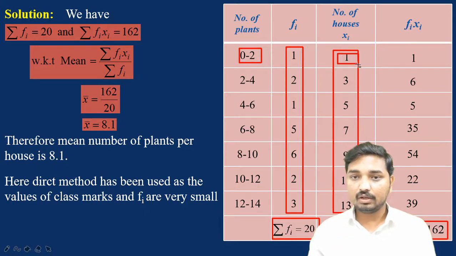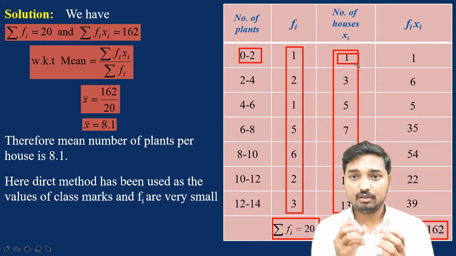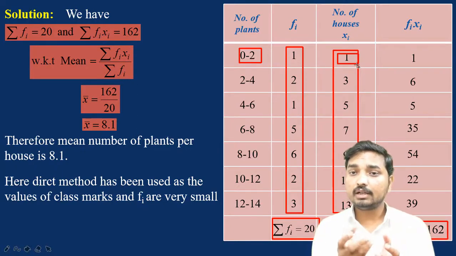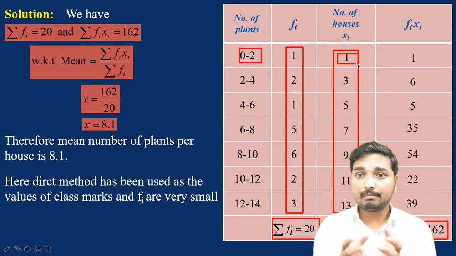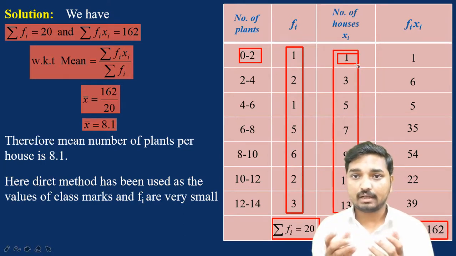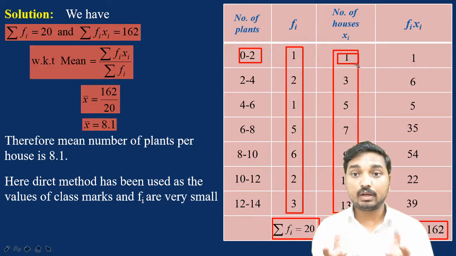You will get 125, a huge three-digit value. If the numbers in the xi column appear like this, around 100, 90, 80, 70, and also the frequencies 20, 30, 15, 18, 13, 17, 21, like that.